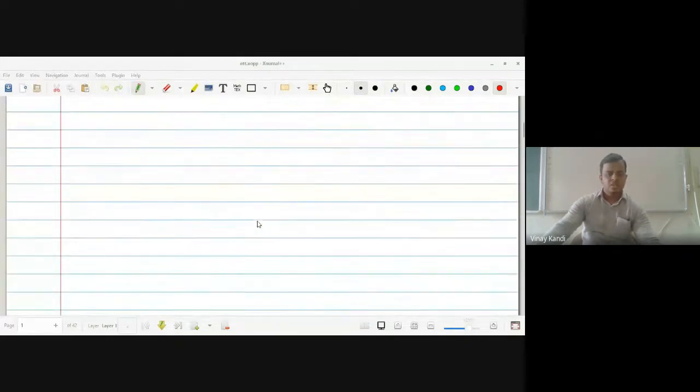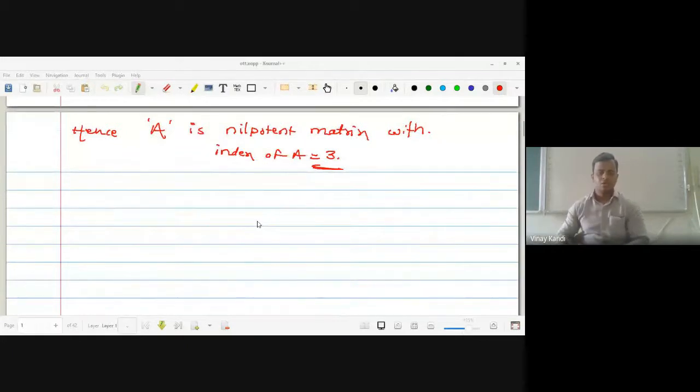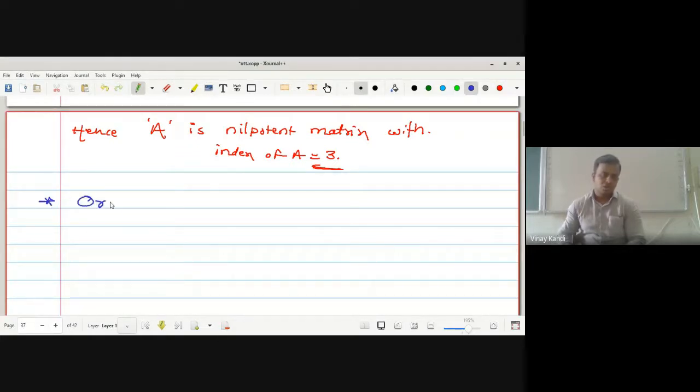Now, the next type is orthogonal matrix. Look at the definition.